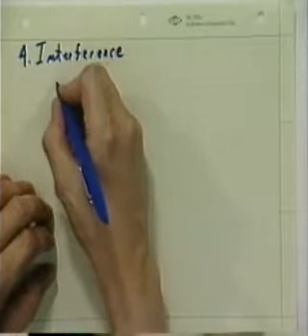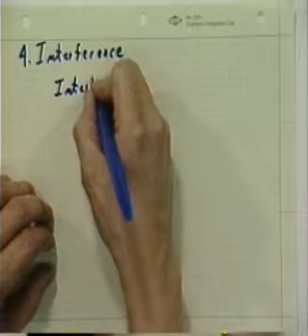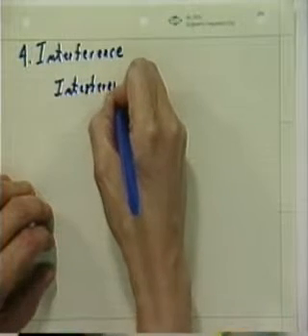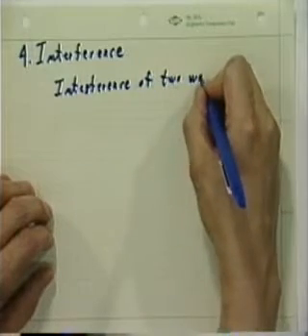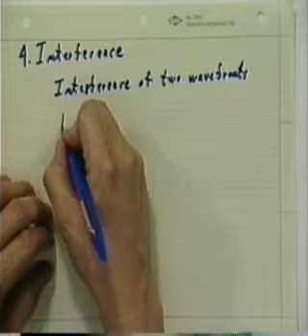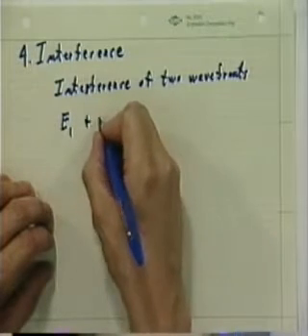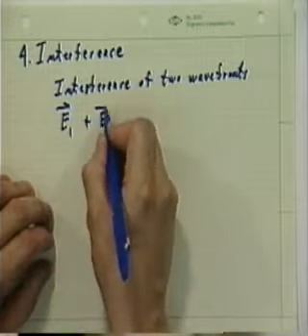So it's interference of 2 wavefronts. Two electric fields, E1 and E2. And of course we have to remember that these are vectors.